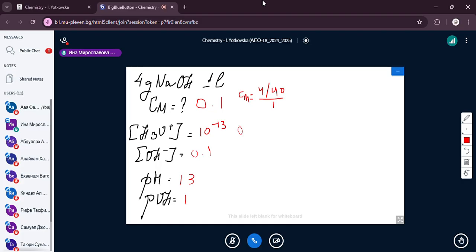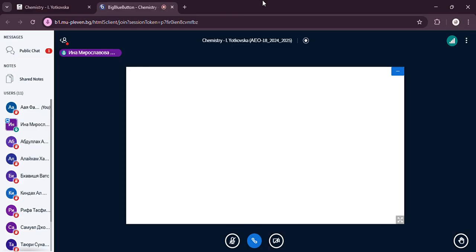For that reason, I want to see how we can move from percentage concentration to molarity concentration. Find out what will be the percentage concentration of this 0.1 mole per liter sodium hydroxide solution. What will be the percentage concentration of this solution?